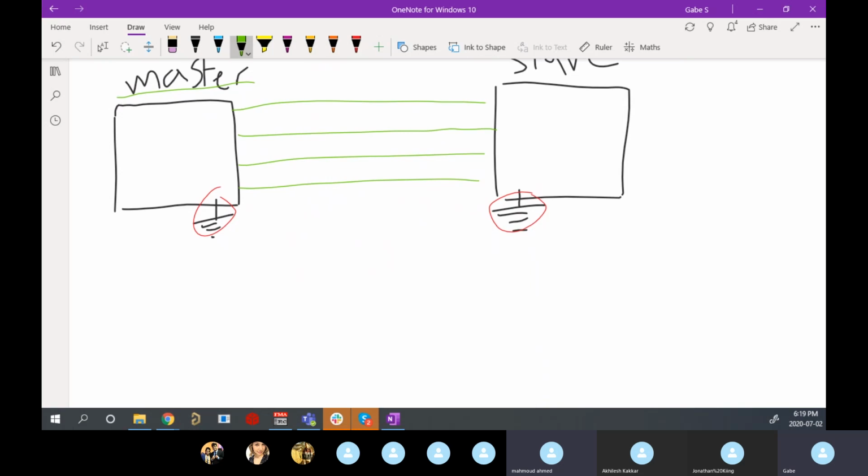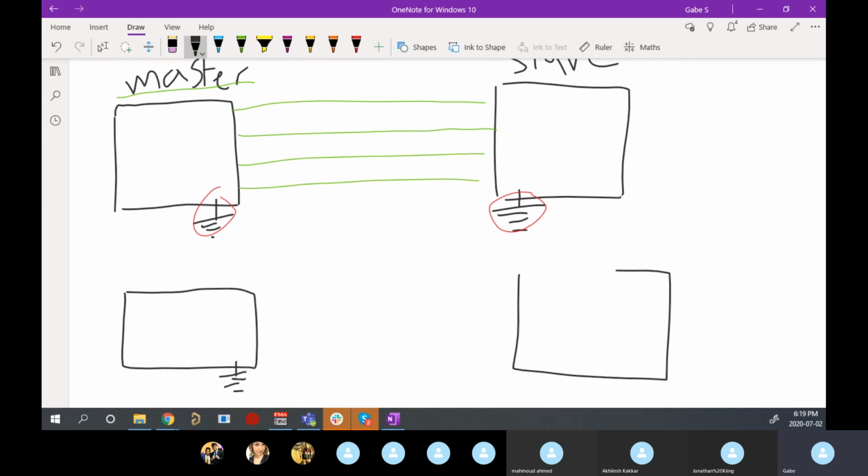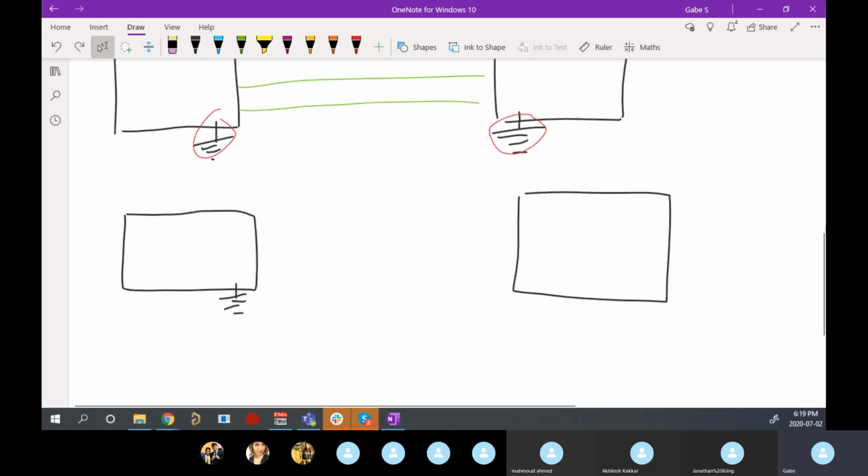All right. There are a few situations. The biggest one is when you want isolation between grounds. So if I wanted 2 systems to be isolated, so I have 1 ground here, I have another ground here.